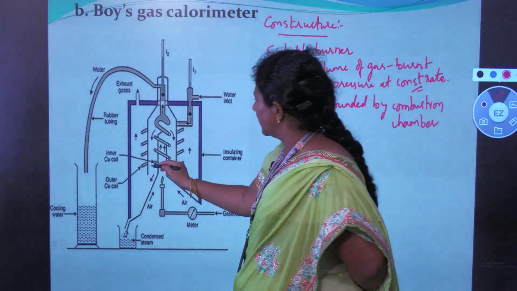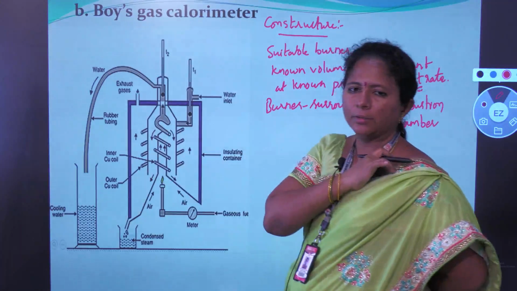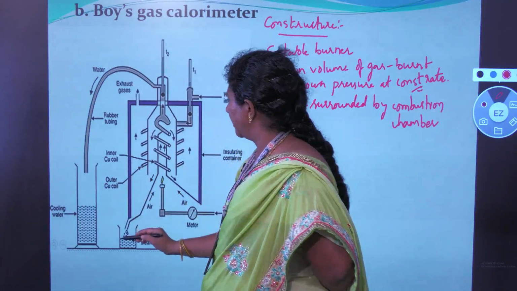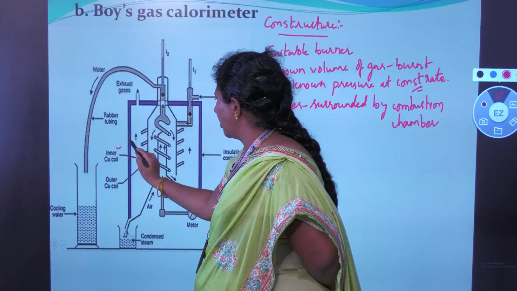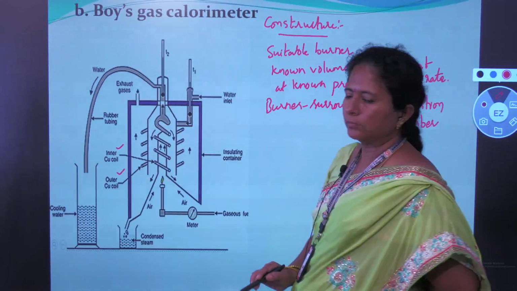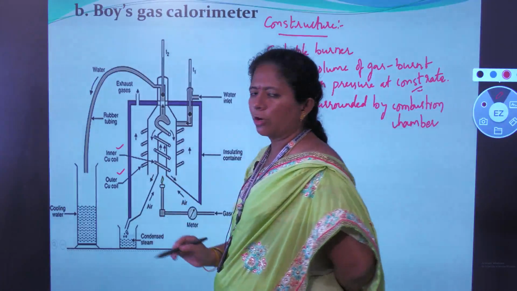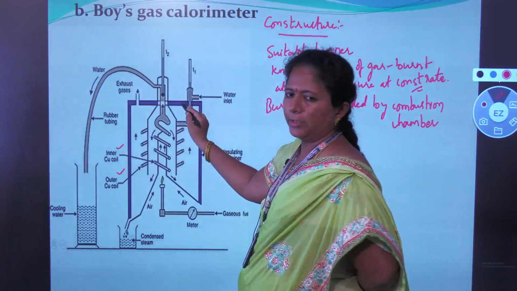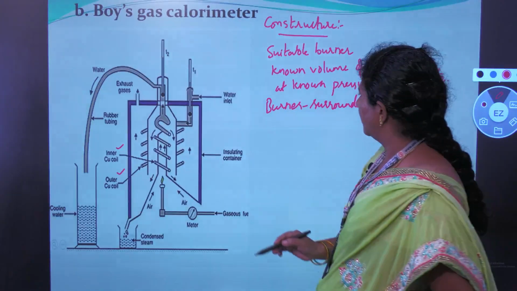See here, this is the combustion chamber which consists of copper coiled tubing. So this is the inner copper coil and this is the outer copper coil through which water will be flowing. Now the water will be flowing at a constant rate.